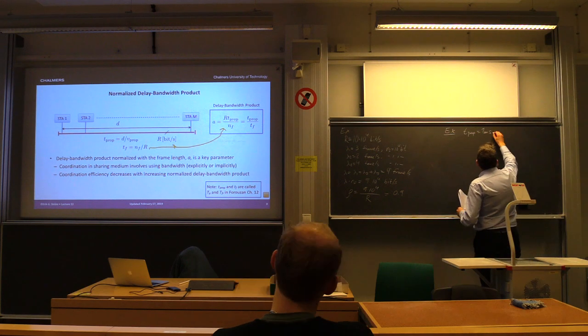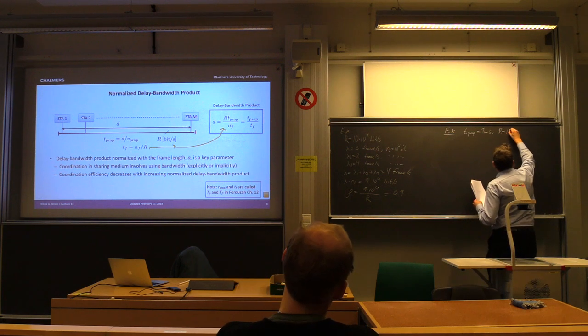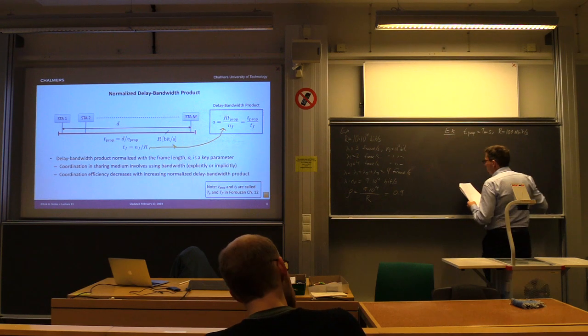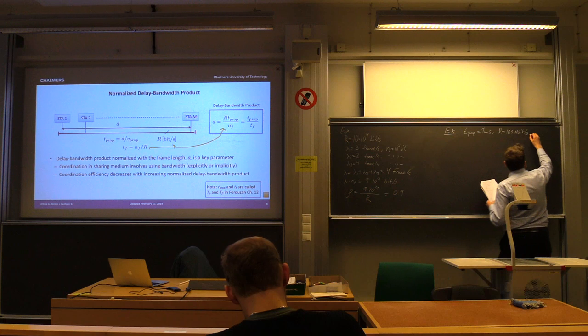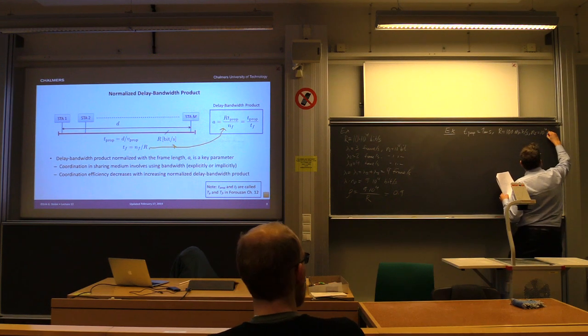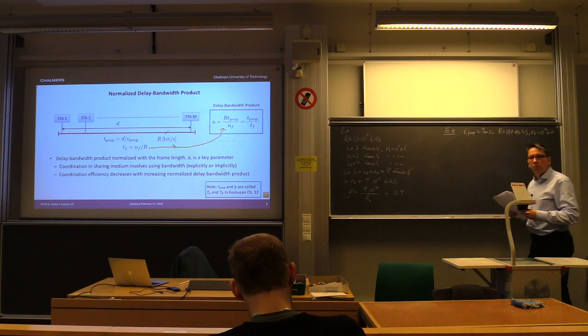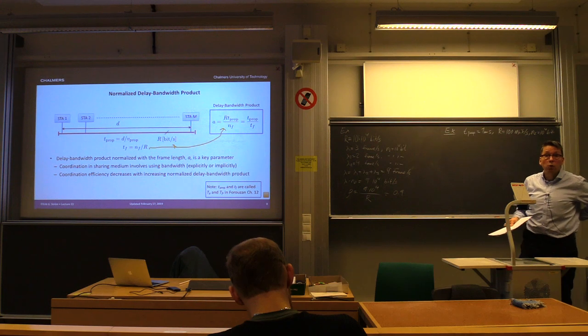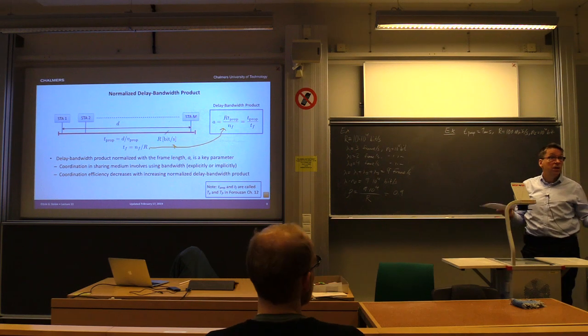And then we have a data rate, say, of 100 megabit per second, which is not unreasonable. And then say that we have a frame size of 10 to the 4 bit, 10,000 bits. It's also a reasonable frame size. A normal IP packet is about 1,500 bytes, which is 12,000 bits.